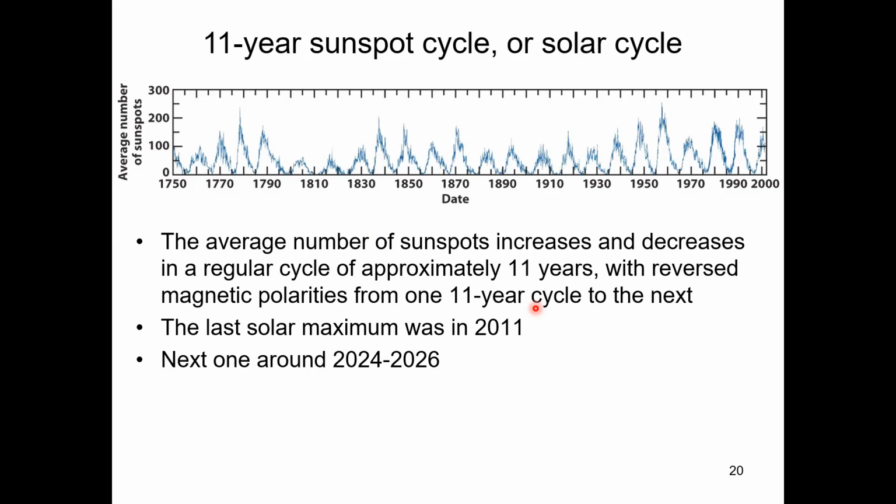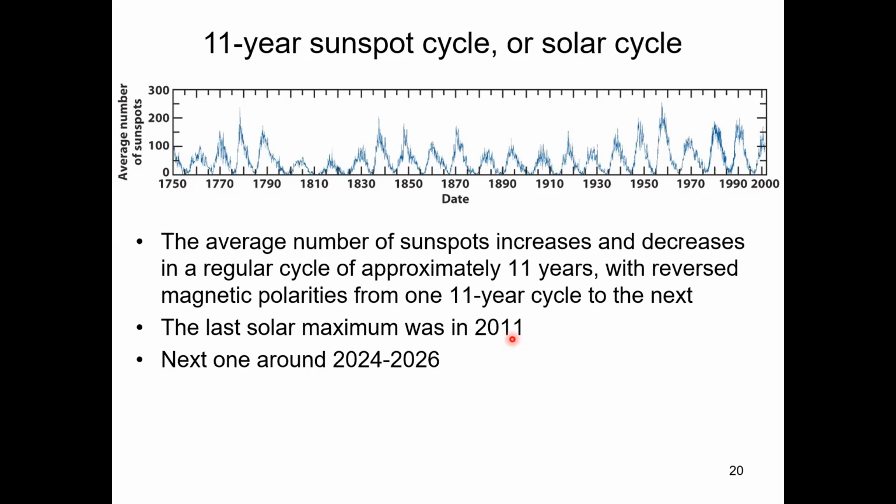Okay. So for your information, the last solar maximum was in 2011. There you can see, slightly after 2000, it looks like the solar maximum. And when it comes to our time, after 2000, the maximum has been reported in 2011.